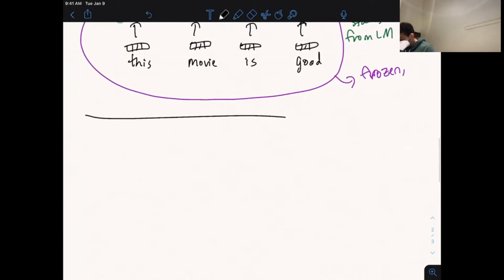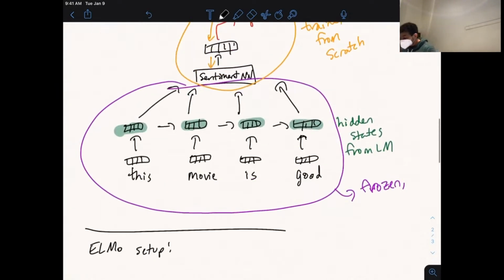All right, so in the way I've just described it, we have trained an RNN language model. One of the issues with an RNN language model is that every hidden state only has information from the current word and all of the words that preceded that word.